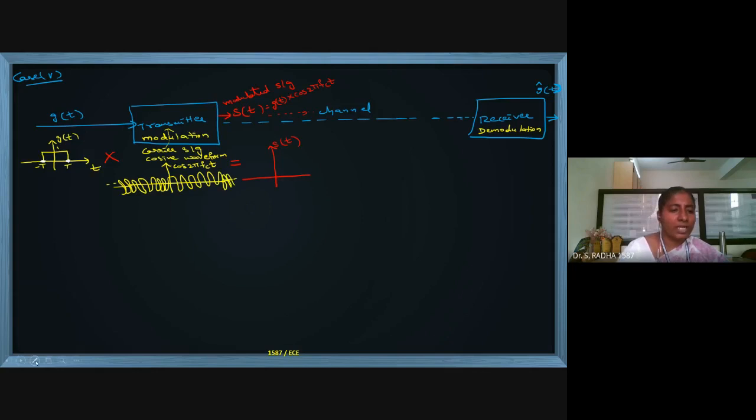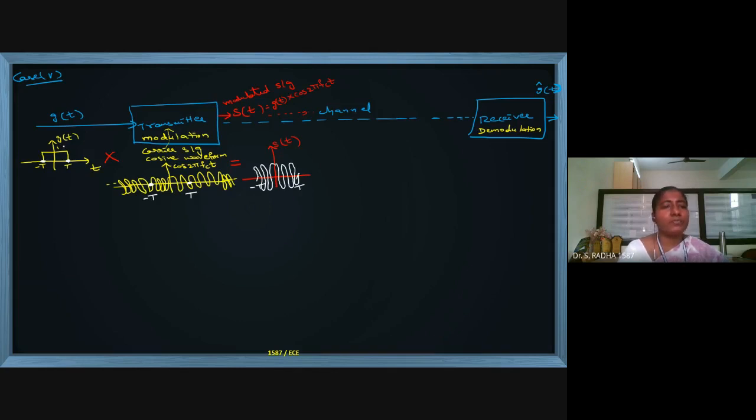But we will take only minus t to plus t. Here comes minus t, and here comes plus t. So the resultant waveform has the cosine waveform only from minus t to plus t. This is the resultant.